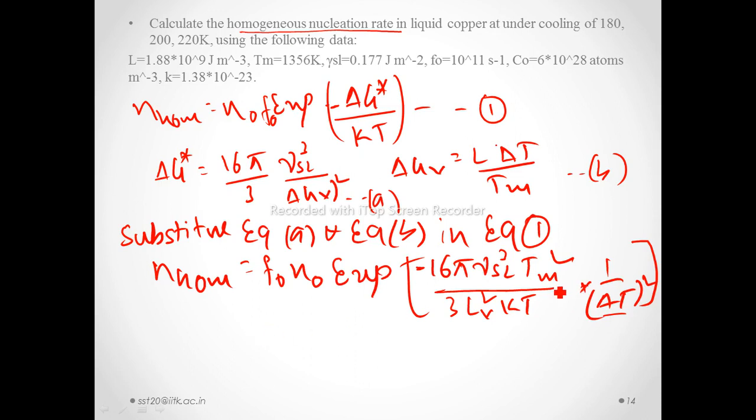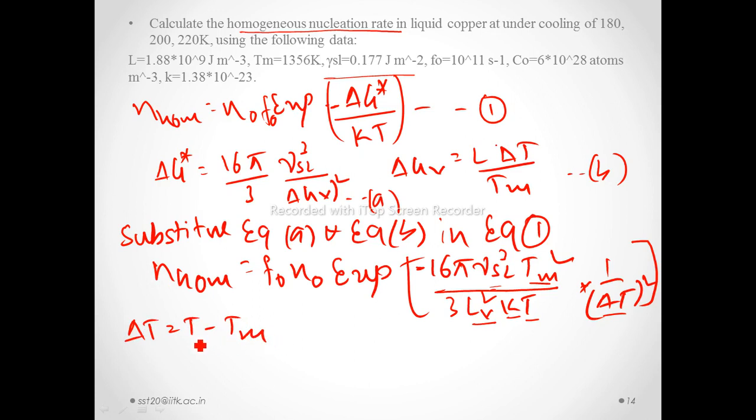So this is delta T. This is the value, and here gamma of SL is the surface free energy, given as 0.177. Melting temperature is also given, and latent heat is also given. K is the Boltzmann constant, and T can be obtained with the help of delta T and the Tm value. We know delta T is T minus Tm.